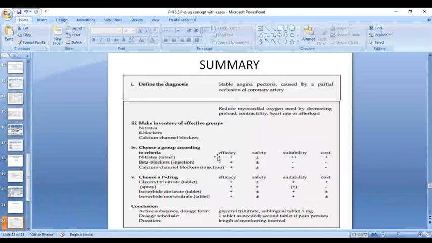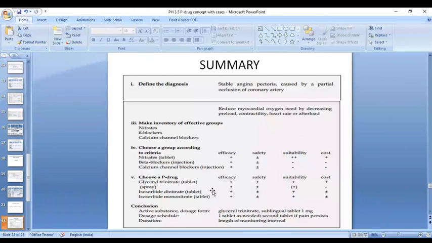Now among the nitrates, which drug? We see that they are glyceryl trinitrate, isosorbide dinitrate, and mononitrate. All are equally efficacious and have a similar safety profile, right? But a sublingual tablet is available for glyceryl trinitrate and isosorbide dinitrate, so they become more suitable.